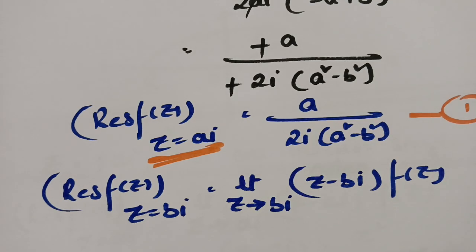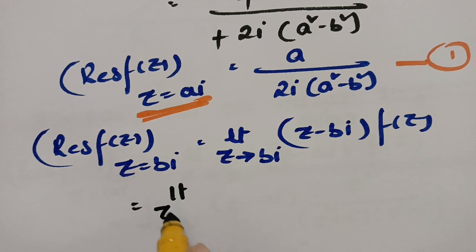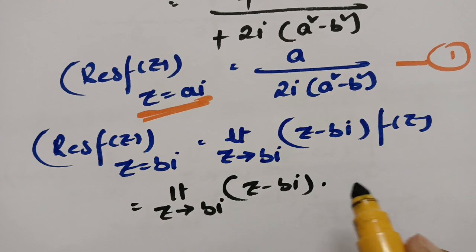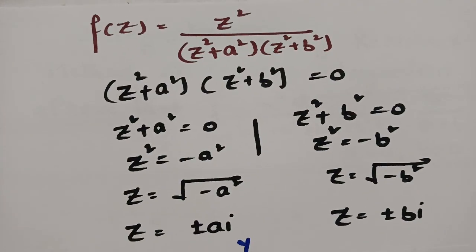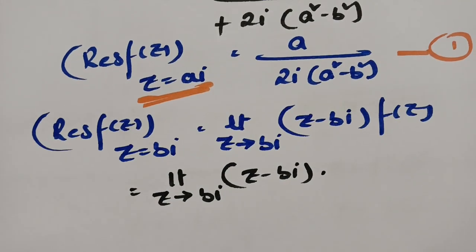Now if I substitute all the values here, this will be limit z tends to bi of z minus bi into f of z. What is our f of z value here? It is z square by z square plus a square into z square plus b square.